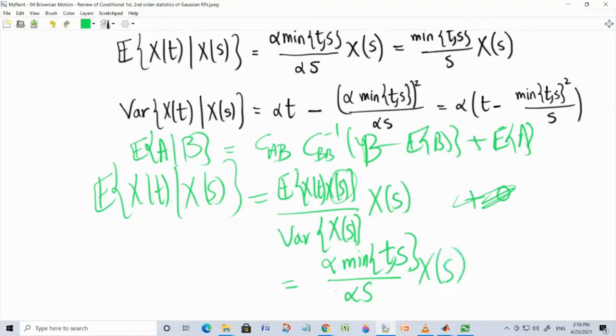Then alpha is a common factor between the numerator and denominator. So this conditional expectation is nothing but the minimum of t and s, over s, multiplied by x of s.